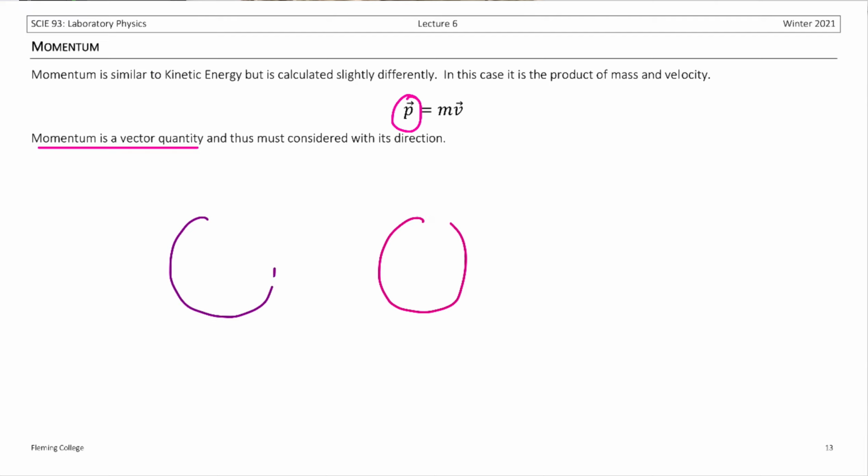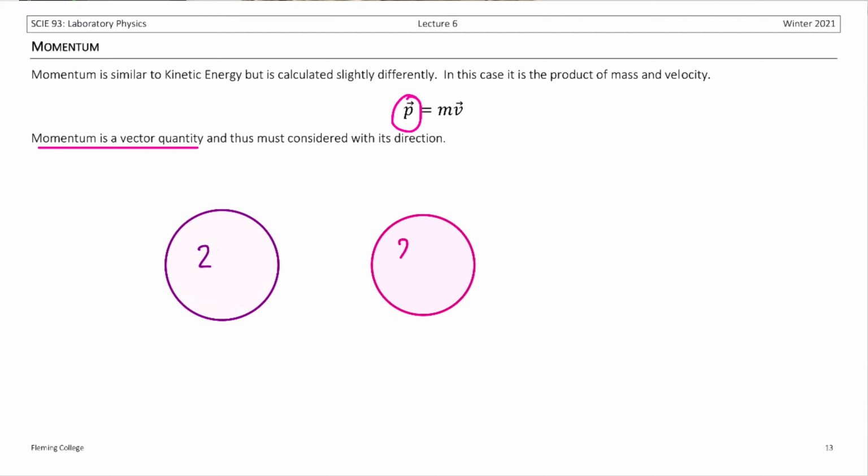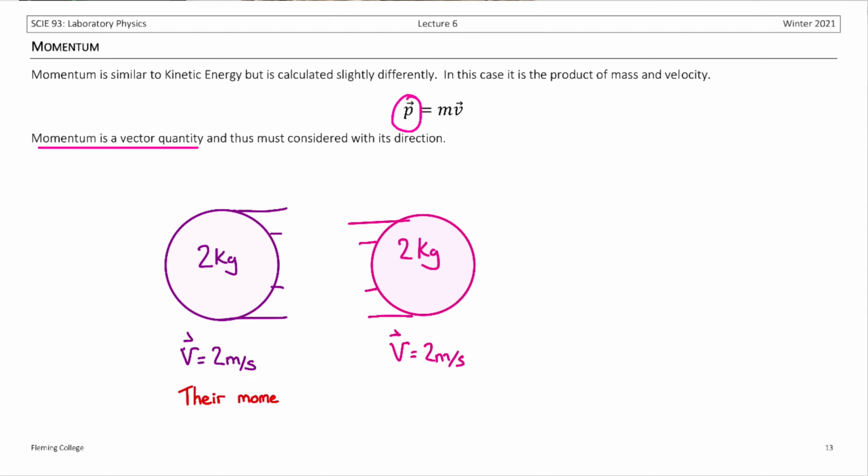If you consider two objects and you give both of those objects the same mass and you give both of those objects a speed of 2 meters per second, but in consideration of velocity, one object is moving to the right and the other object is moving to the left, then their momentums are not equal, even though their kinetic energies are.